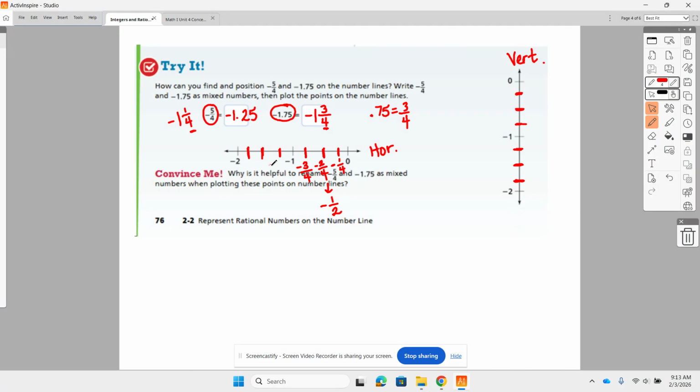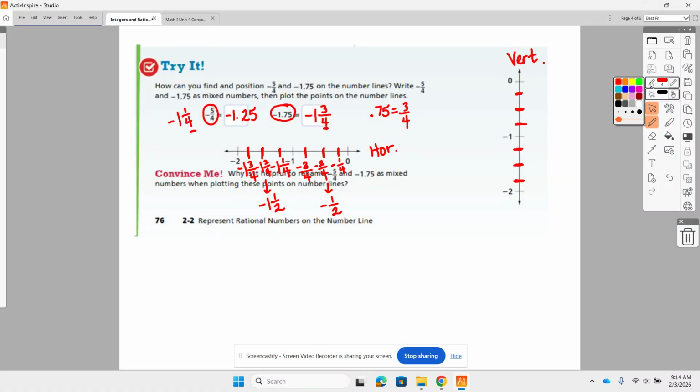Okay, do you think you might know what this one would be? Okay, if you're thinking -1 1/4, you're correct. -1 2/4, or -1 1/2, and -1 3/4.